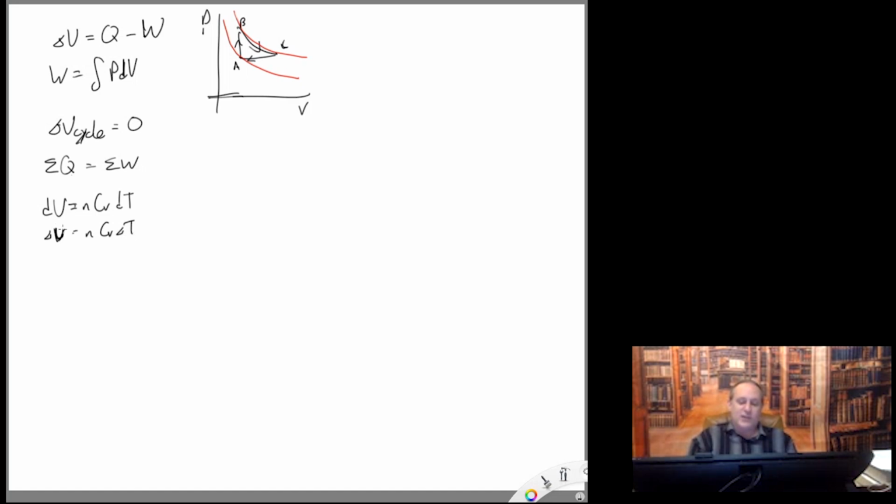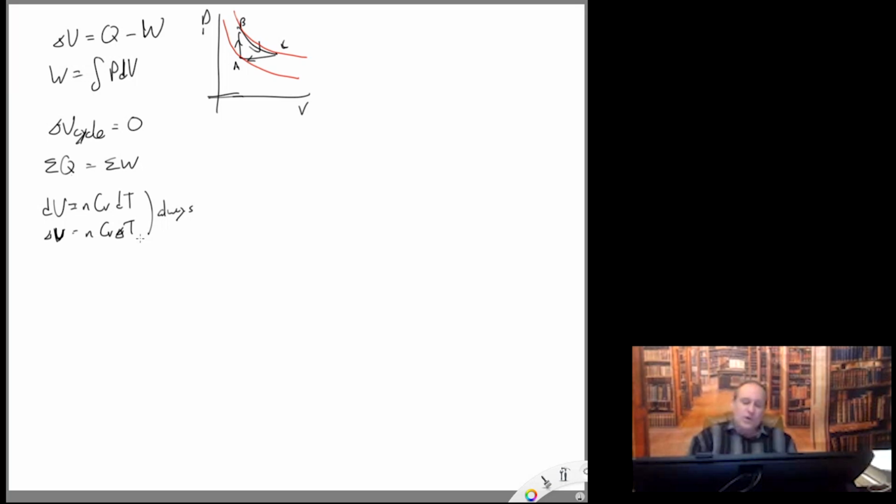And for every cycle, delta T has to be zero because we wind up returning to our starting position. So that's always true. It doesn't matter if it's constant pressure, constant volume, constant temperature, adiabatic, whatever. Delta U only cares about the change in temperature.